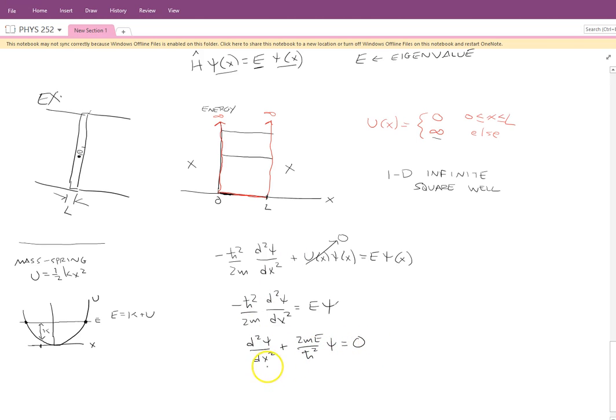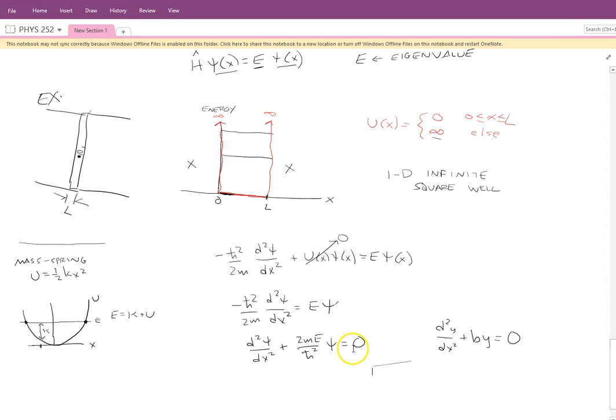Well, you might recall from differential equations that if you have an equation of the form d squared y dx squared plus some constant, I'll just call it b y, equals 0, right? That's going to be solved by a harmonic cosine or sine, because you have to take the derivative twice and get back to the original function.